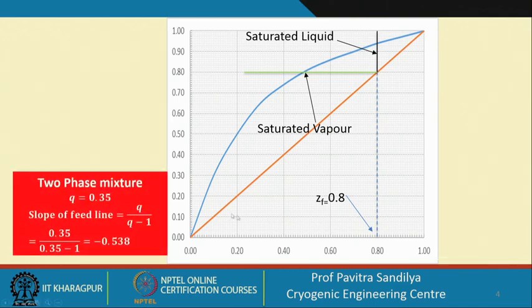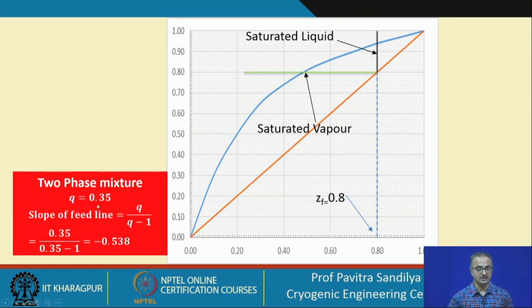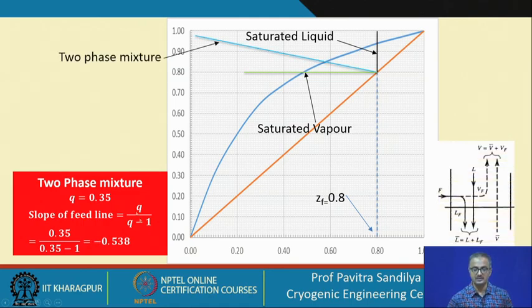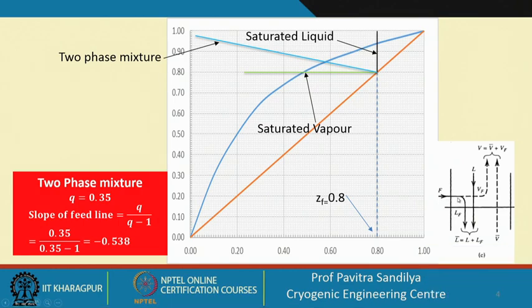Next, we come to the two phase mixture in which we have the Q as 0.35, and now the slope of this feed line becomes minus 0.538, and when we plot this one, this gives this particular line with the negative slope. Now what happens is that when the feed is a two-phase mixture, the vapor will tend to move up and the liquid will tend to move down.